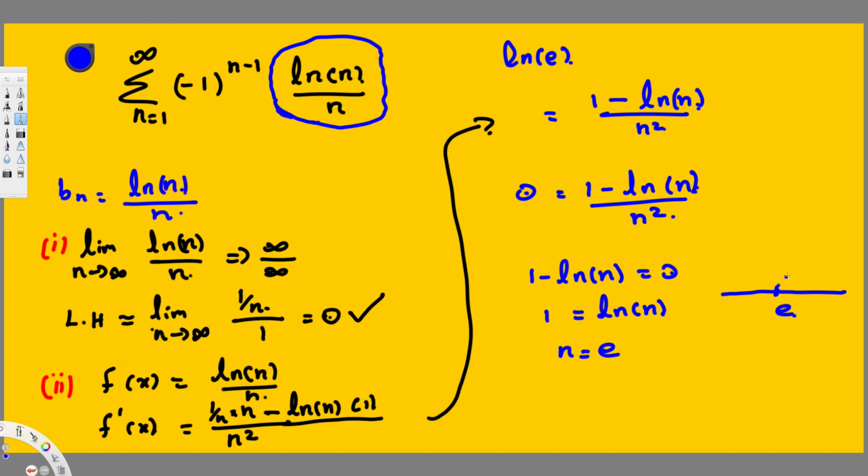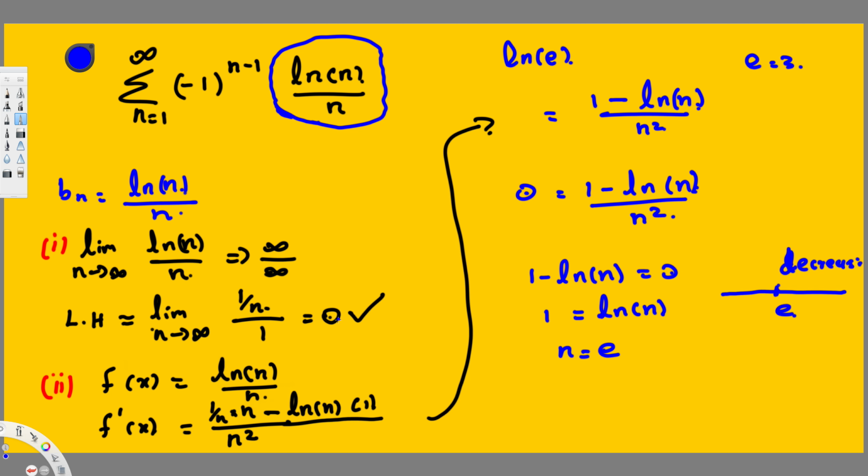So after this e value, it's decreasing, right? It doesn't necessarily have to start at 1. We know this sequence starts from 1, but if it is decreasing from some point on, because e is something like 3 point something, right, it's considered decreasing.